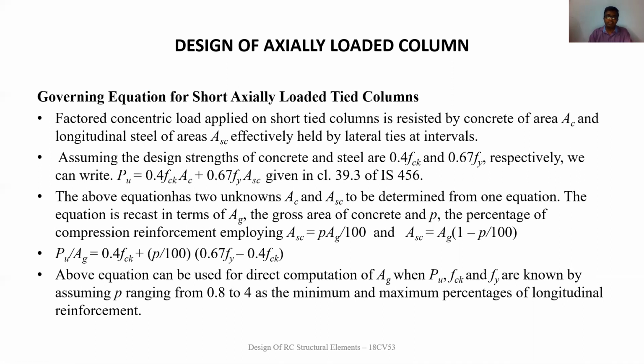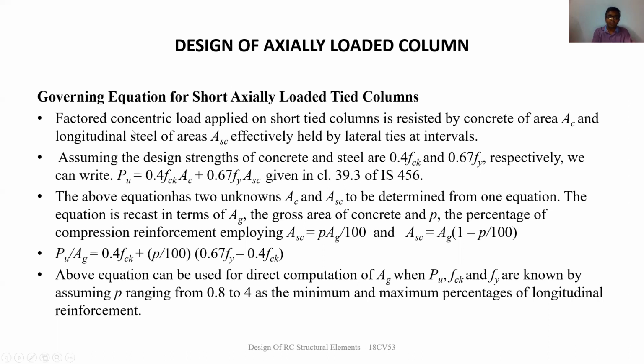In order to determine Ac and Asc, the given equation is recast in terms of the gross area, that is Ag, the gross area of concrete, and the percentage of compression reinforcement employed. By using these two parameters, Asc can be rewritten as percentage of steel p into gross area divided by 100, and the area of concrete as gross area into 1 minus p divided by 100.